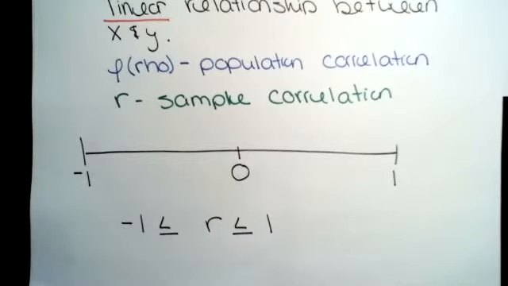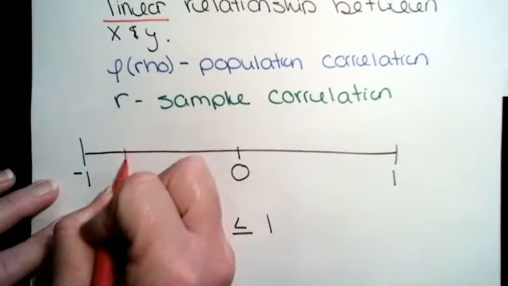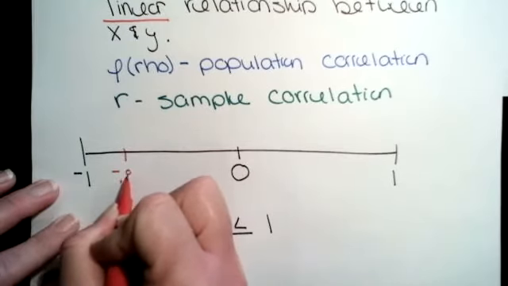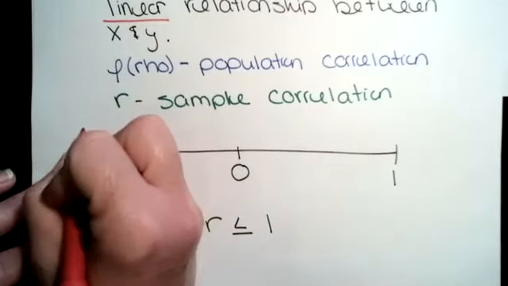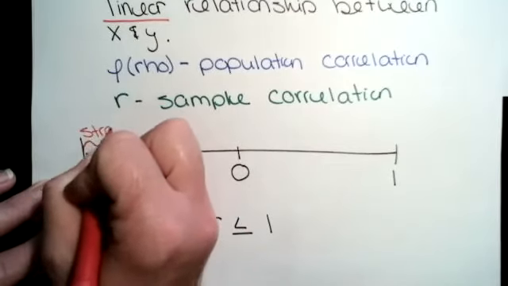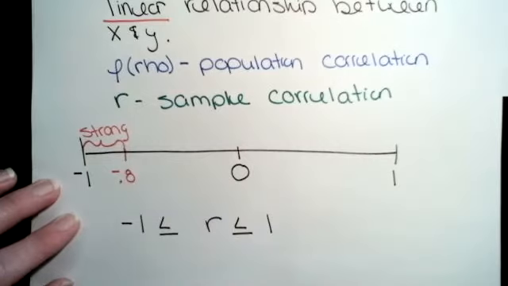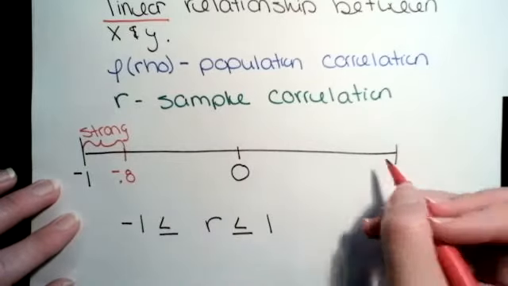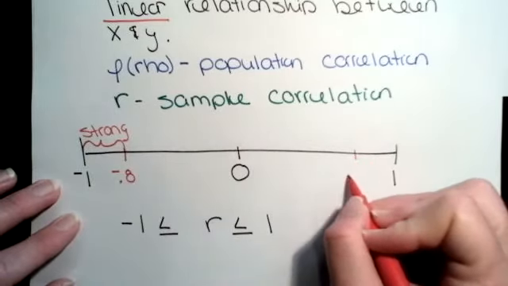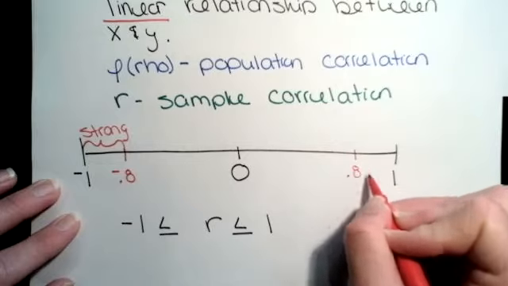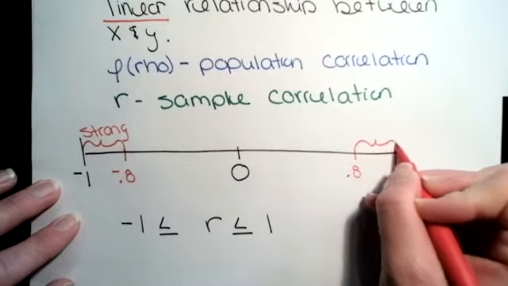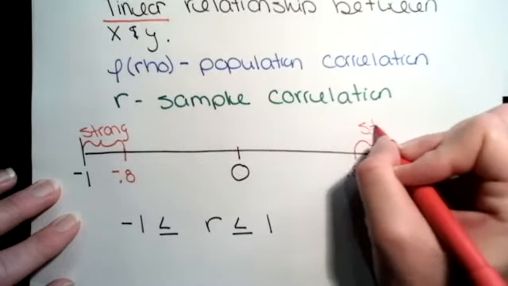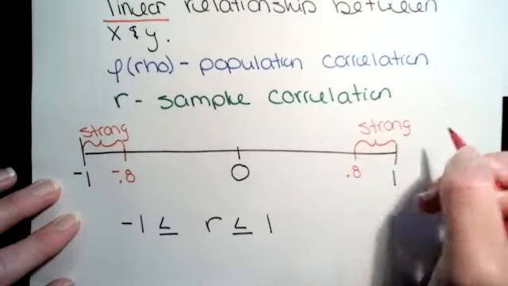First of all, if we start at -1 and move up to -0.8, this would indicate a strong linear relationship. And so would, on the other hand, +0.8 working my way up to +1. Any values in that range would indicate a strong relationship.